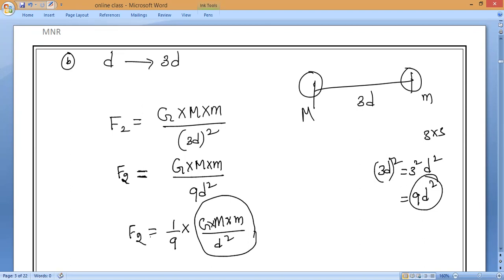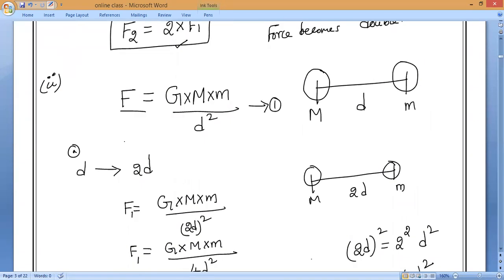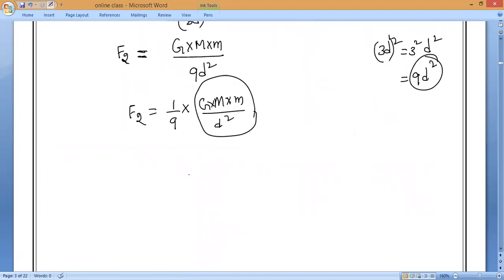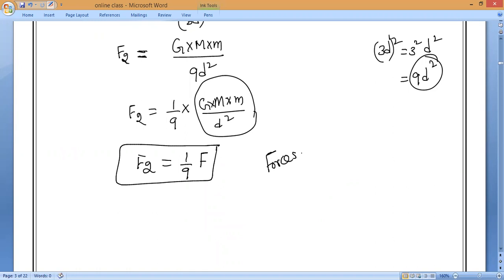So this entire thing is equal to what, guys? As it is the same question, I am taking only F. It is equal to 1 by 9 F. So if the distance becomes triple, the force is decreased by how many times? Force is decreased by 9 times. Since I am already using the word decreases, you should not say 1 by 9.